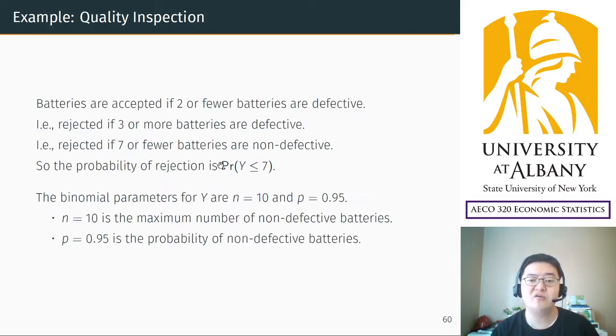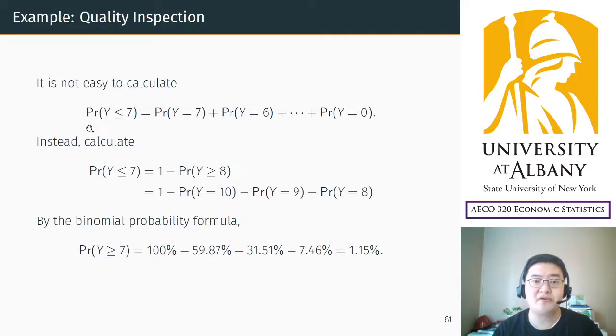Okay, now let's calculate this probability. This probability is defined by an inequality. So in principle, you have to calculate the probability Y is smaller than or equal to 7, which is 7 or 6 or 5 or 4 or 3 and so on down to 0. This is not a clever way because you have to calculate 8 probabilities.